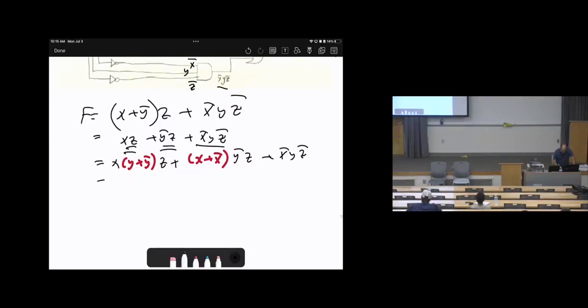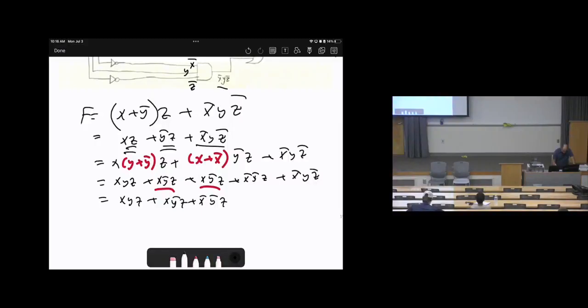Now it will be XYZ plus XY bar Z plus XY bar Z plus X bar Y bar Z plus X bar Y Z bar. Is there any common terms? Yes, we have this one and this one. So we can eliminate the common and just write one. XYZ plus XY bar Z plus X bar Y bar Z plus X bar Y Z bar.